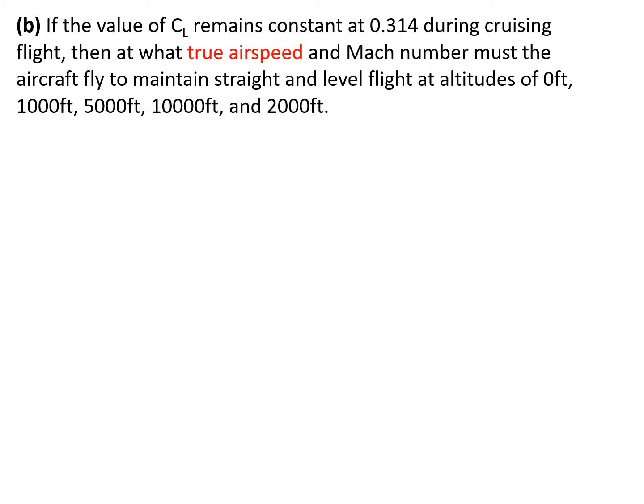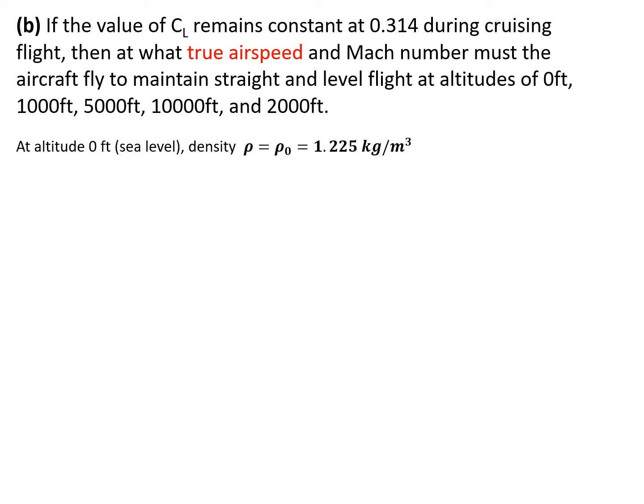So now we are asked to calculate the true airspeed to maintain the CL and also the Mach number. So the difference is the true airspeed instead of indicated airspeed.